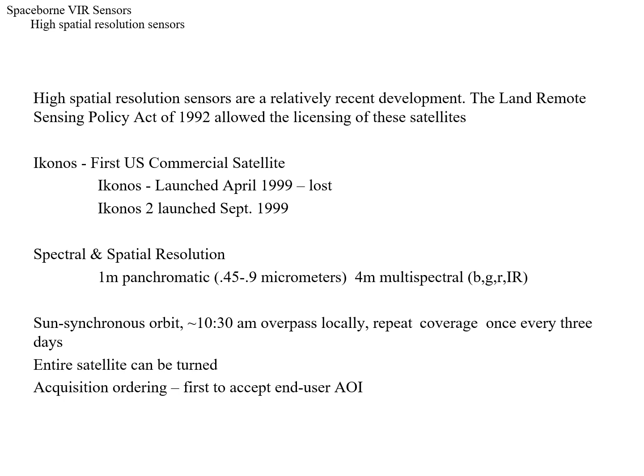They collect data basically where they're paid to collect data. You send them an area of interest, and they send you a quote, and if you accept the quote, then they're going to look at that area the next time that the satellite comes around.